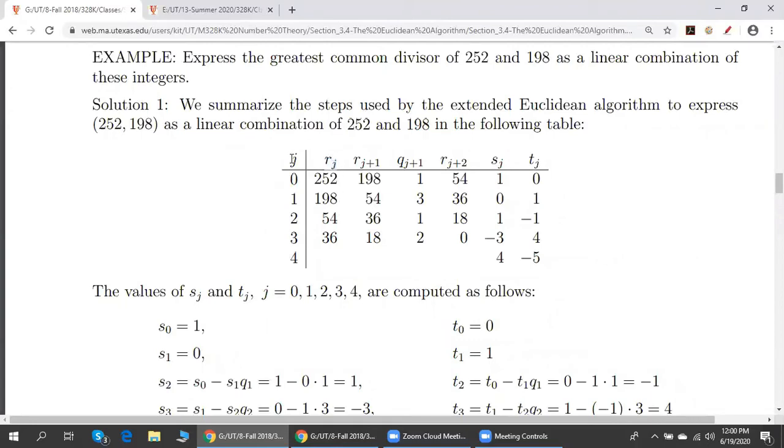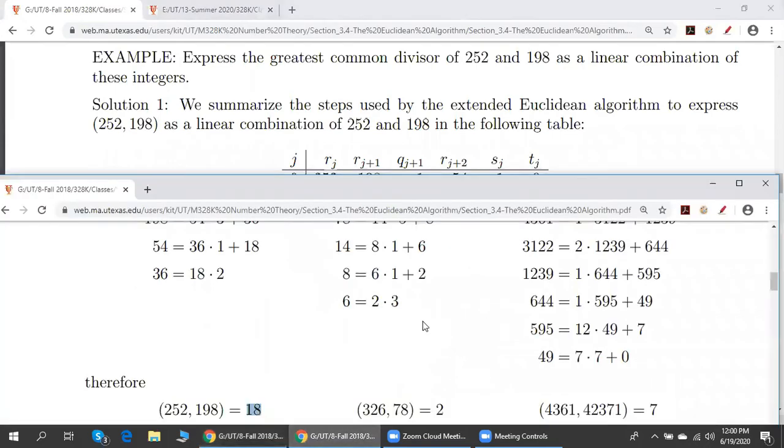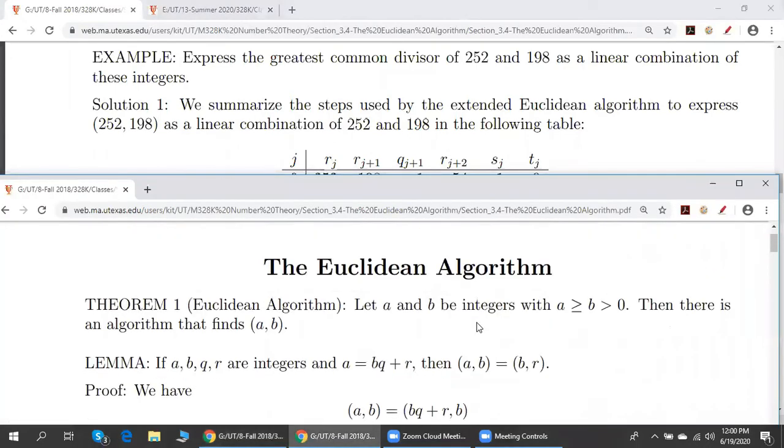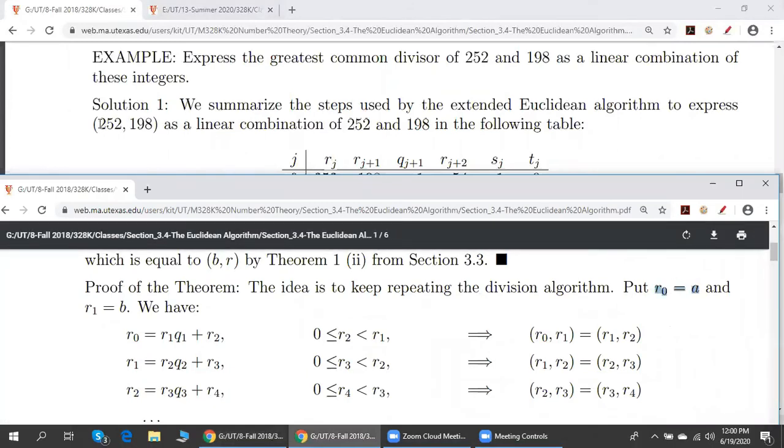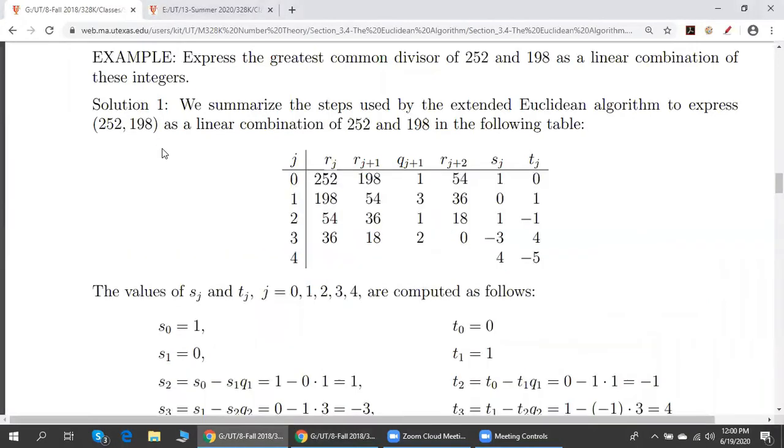Now, if j is equal to 0, this is R0. And remember what is R0. R0 is A. In our case, A is 252, so we put here 252.